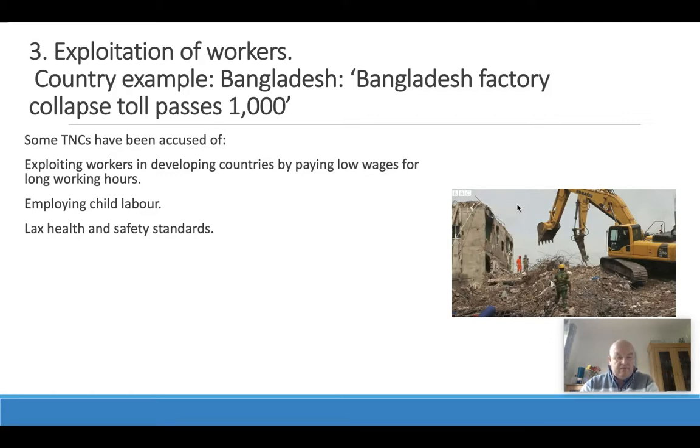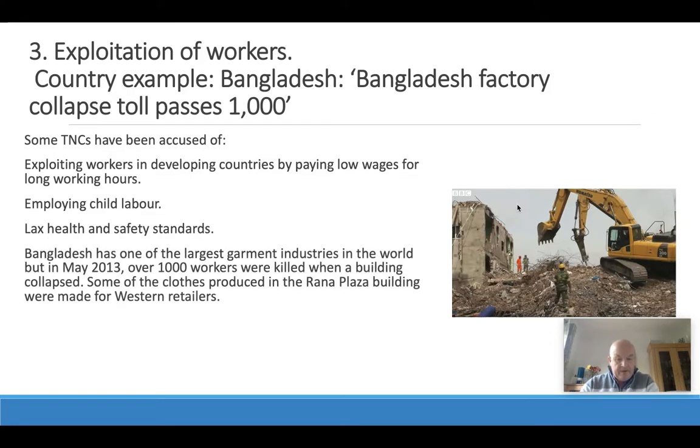The TNCs will be aware of this and might bend the rules to suit themselves, perhaps. As we mentioned, one of the biggest garment industries in the world is in Bangladesh, but that clearly was a terrible disaster and human tragedy, and hopefully one that is not going to be repeated in the near future.